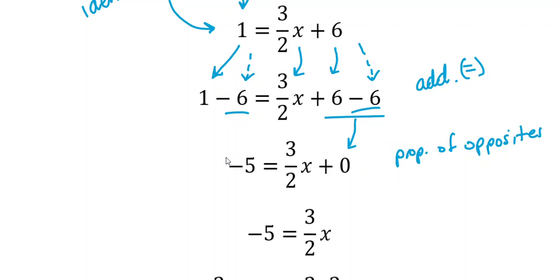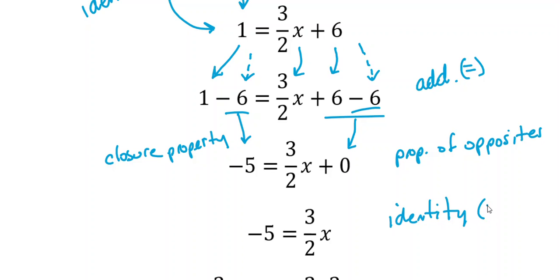Okay, and you can see how these get used all the time. Maybe we'll call this the closure property, because we combine negative 1 minus 6 is negative 5, and then we're going to add 0, and that's the identity property of addition.